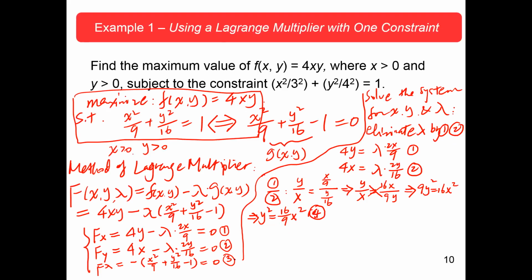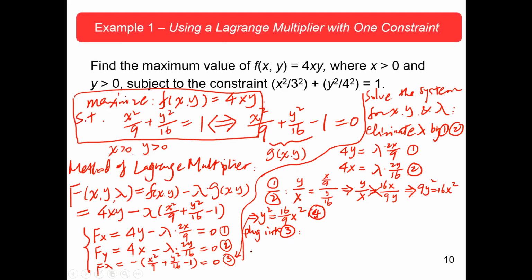So now let's go ahead and use the equation 3 we haven't used so far, right? So plug this equation 4 into equation 3. I can forget about this negative sign, because I can just multiply the negative sign on both sides.